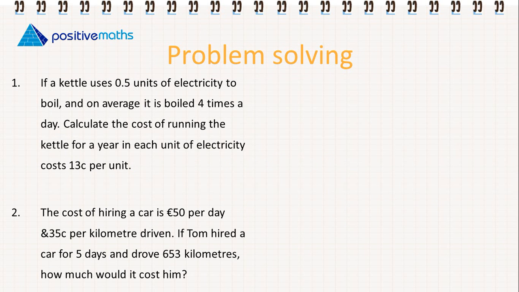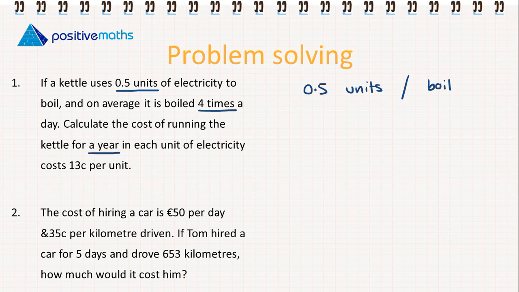Okay, 2 more problems. So if a kettle uses 0.5 units of electricity to boil, and on average it's boiled 4 times a day, calculate the cost of running the kettle for a year if each unit of electricity costs 13 cents per unit. Okay, so let's figure out first of all how many units it takes a year. So 0.5 units per boil.